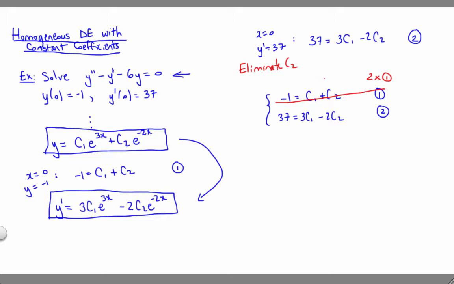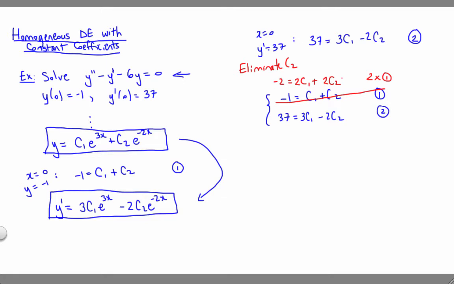That way we're going to be creating 2c2, and then when we add these equations together, the c2s will be eliminated. So multiplying equation 1 by 2, we're getting -2 is equal to 2c1 plus 2c2.